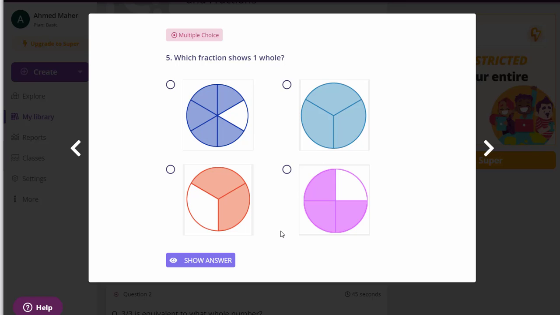Usama. Rida Sultan. Okay, Rida, which of these 4 pictures is one whole?